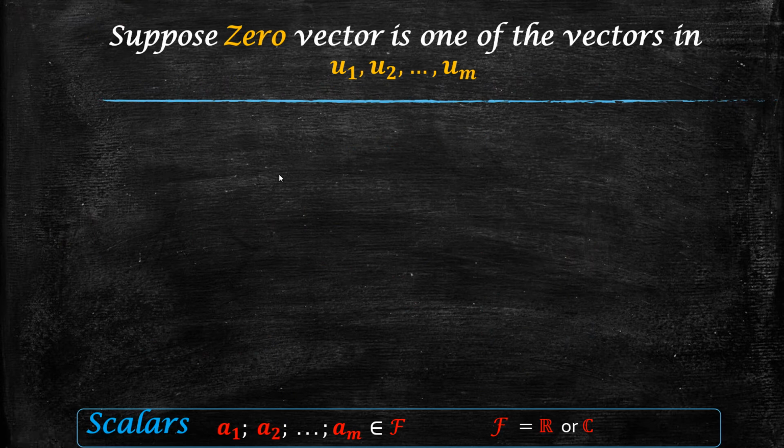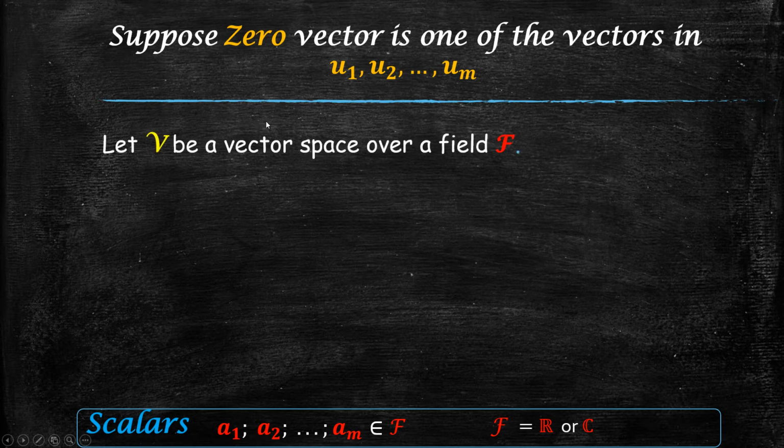Let us explain this concept with the help of one more example. Let V be a vector space over a field F and u1, u2, u3, ..., um are vectors in V. I suppose here that one of the vectors is the zero vector in this set. For simplicity, let us assume that u1 equals 0, and I want to check whether these vectors are linearly independent or not.